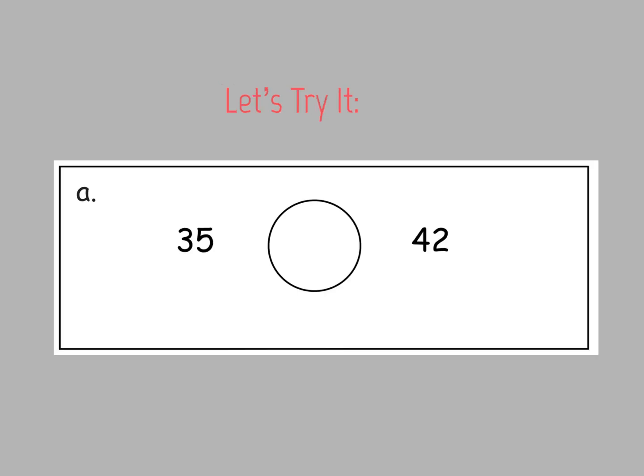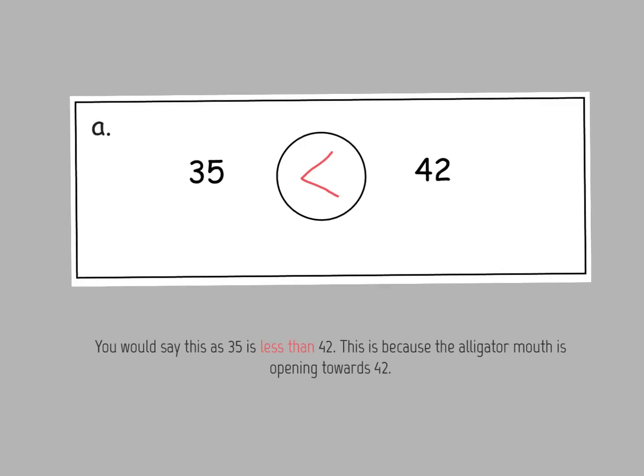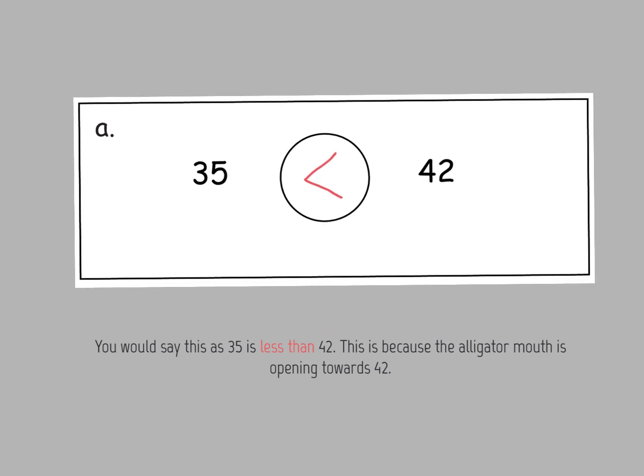So now we'll try it. We have the numbers 35 and 42. So we know that 35 isn't as much as 42. So that means that 35 is less than, with this symbol, less than 42.